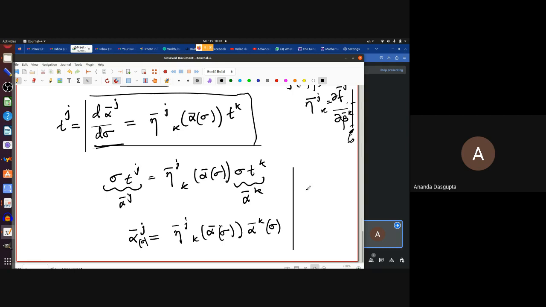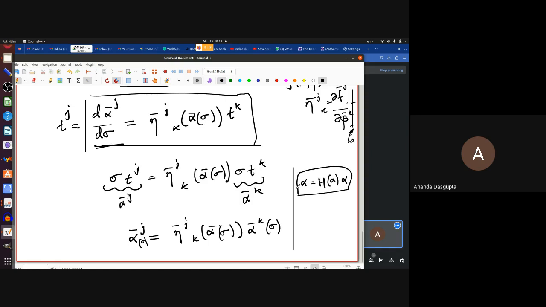But as a matrix equation, this becomes very simple. And from now on, we are going to use canonical coordinates of the first kind. Let's just drop the bars. Then the equation simply becomes alpha equal to eta of alpha times alpha. But I should not say eta of alpha. I should say matrix wise is capital H of alpha times alpha.